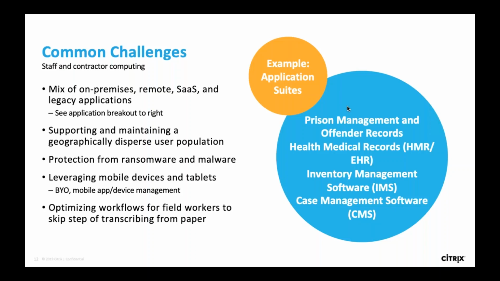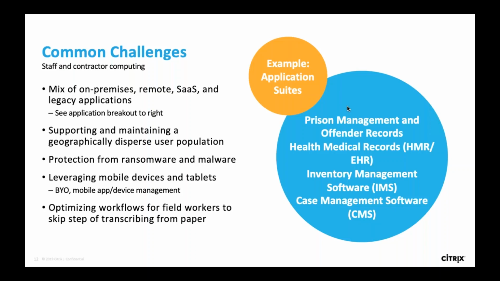We're starting to see a big hybrid type of compute across all corrections that we've been dealing with in the field. So supporting and maintaining that geographically dispersed user population, as well as the applications being all over the place, becomes a challenge, whether it's connectivity wise, or just where do I go for this application, where do I go for that task. Those are some of the biggest things that we see.